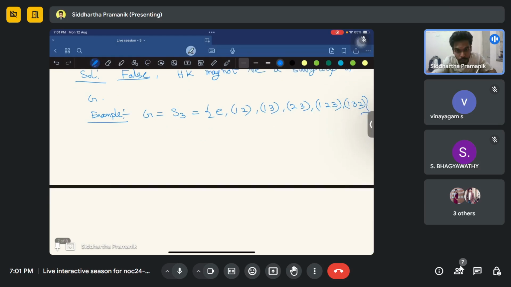So this is the group S3, and take H as the subgroup identity and the element 1 2, and K as the subgroup identity and the element 1 3.